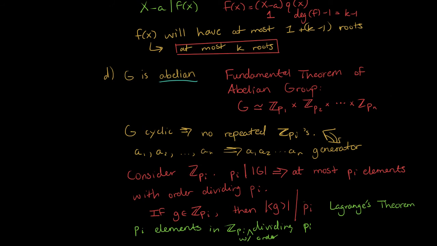Therefore, if there were another Z_{p_i}, say if we're talking about Z_5, and G was some direct product of Z_2 times Z_3 times Z_5 times Z_5, there would be two Z_5s in here, and those two Z_5s would make a contradiction, because the first Z_5 would have 5 elements with order dividing 5, and so would the second one, and they would be different elements, and that would be a contradiction.